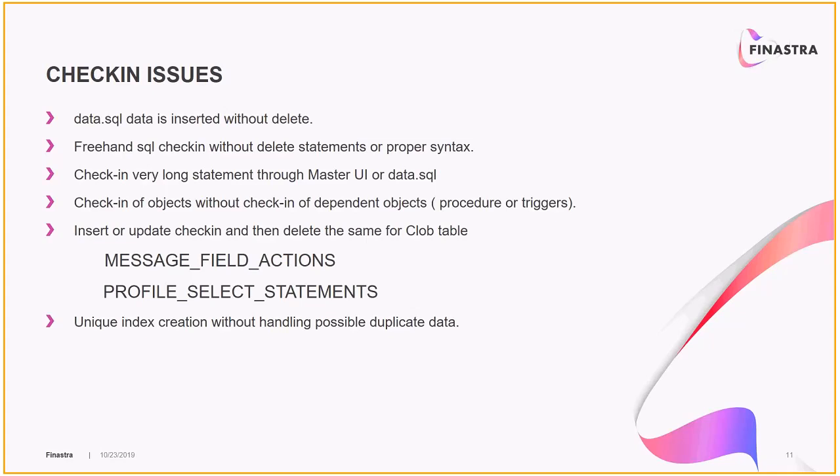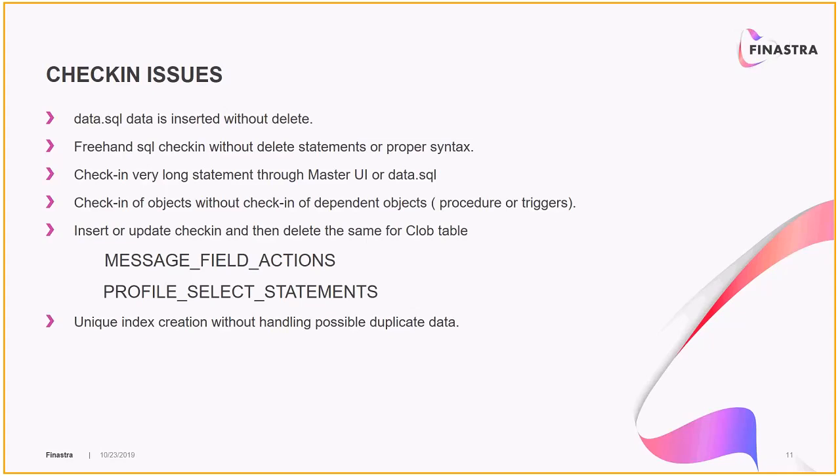So basically these two tables have the CLOB data, and whenever a check-in is done to these tables, the CLOB object is mostly not checked in directly into the UPGD table. What I mean is, for example, you send the script for a specific change, and that script is a very huge CLOB, so it resides in message field action only.